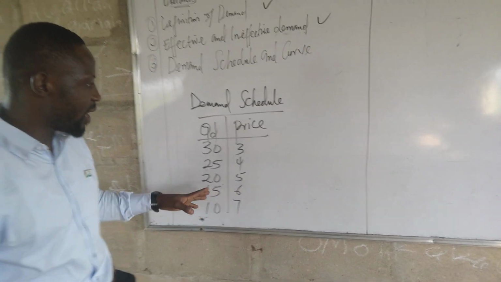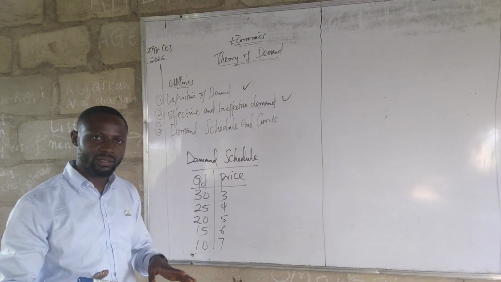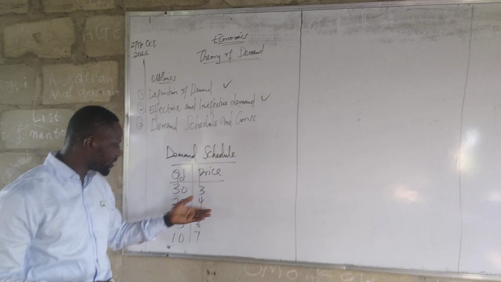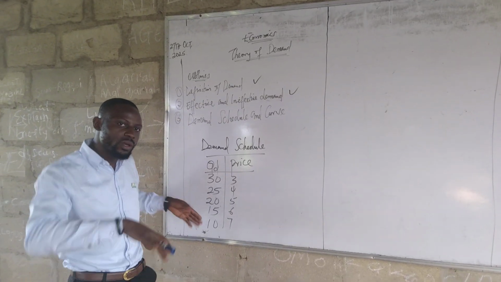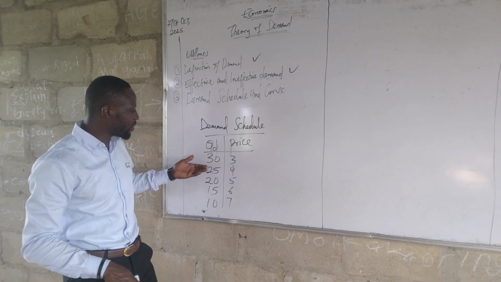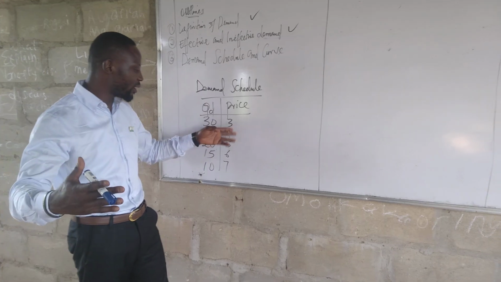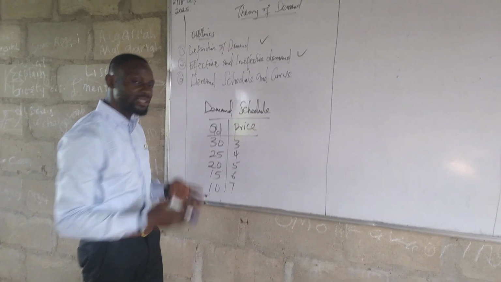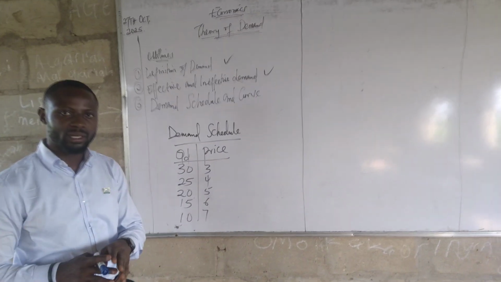Now, if you look at our demand schedule, it's showing the law of demand, where as price increases from 3 to 4, 4 to 5, the quantity demand also reduces. When price is 3 naira, quantity demand is 30, but when it increases to 4 naira, quantity demand is 25.